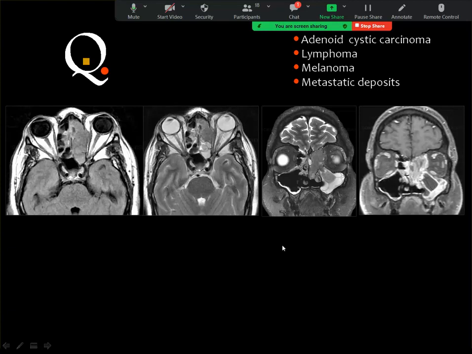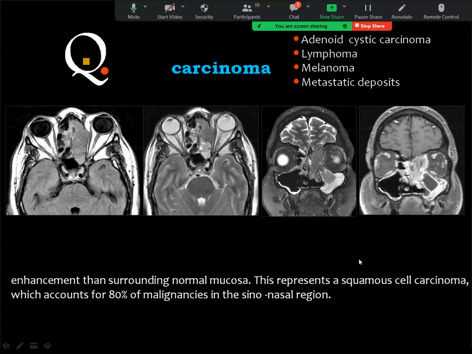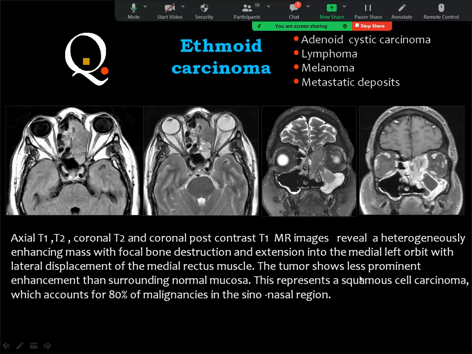This should be the first possibility in your answer, and this should be the first possibility in your report. Then whenever you are asked about the other differential diagnoses for this lesion, and you mention lymphoma and metastatic deposit, then carcinoma should be suggested first because it is the most common by far malignant lesion in the maxillofacial area.